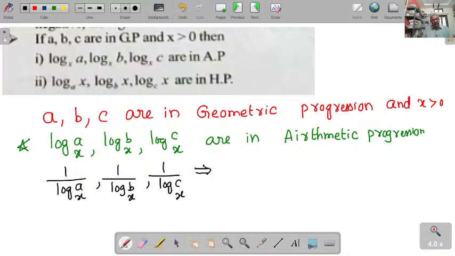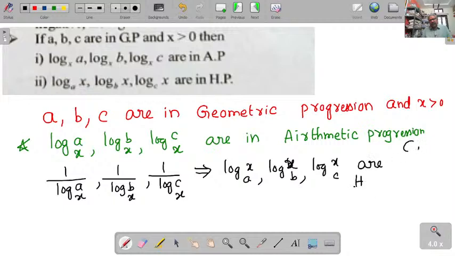These we can write as log x to the base a, log x to the base b, and log x to the base c, which are in harmonic progression. This is actually AP, and this is GP, geometric progression. The harmonic progression, there is HP. I hope it's very clear to you.